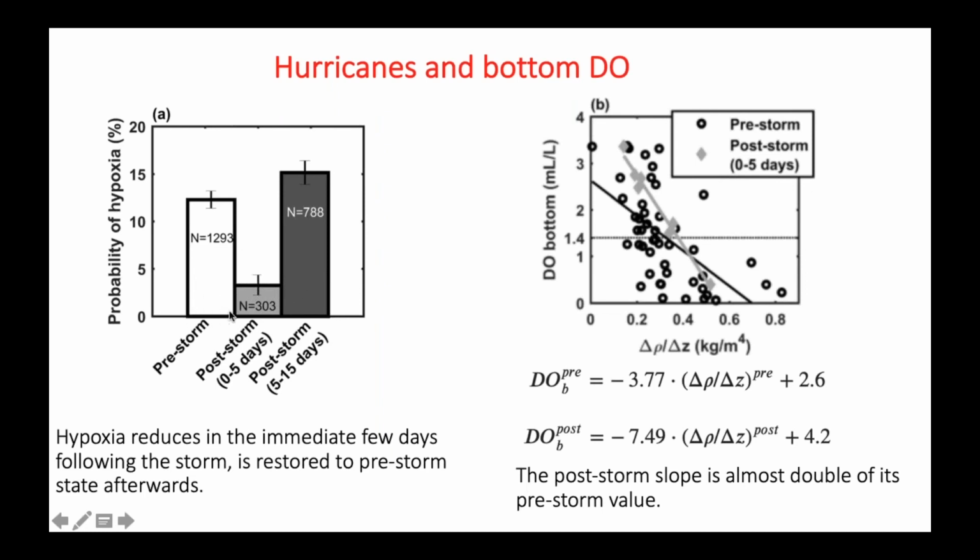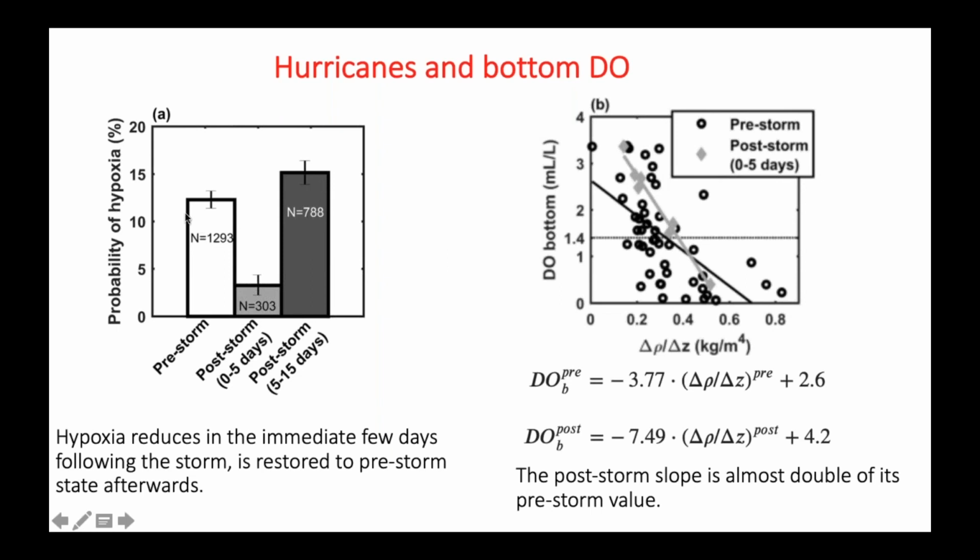This is the pre-storm period, which is 1 week to 2 weeks before the storm. This is the immediate post-storm period, which is 0 to 5 days after the storm. And this is 5 to 15 days after the storm.